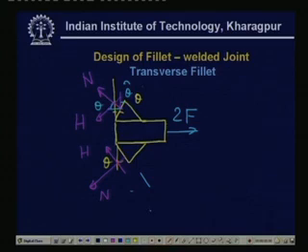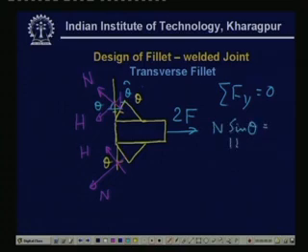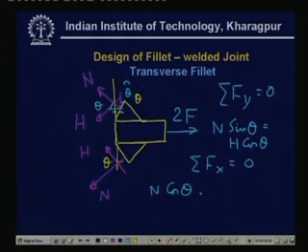And if you write down the equilibrium equations, then it becomes something like this: equating the vertical force, that is balancing Fy to be 0, we get N sin theta is H cosine theta, and equating the horizontal force to be 0, we get N cosine theta plus H sin theta, and there are two such things.